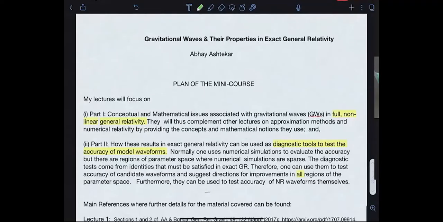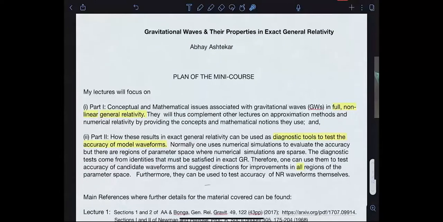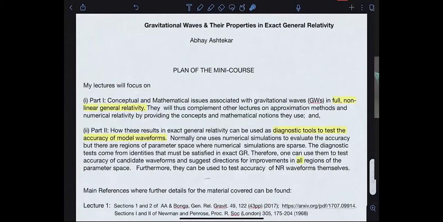All right. So I would like to begin with the plan of this mini course. I'm going to talk about gravitational waves and their properties in exact general relativity. In part one, I'm going to focus on conceptual and mathematical issues associated with gravitational waves in full nonlinear general relativity.